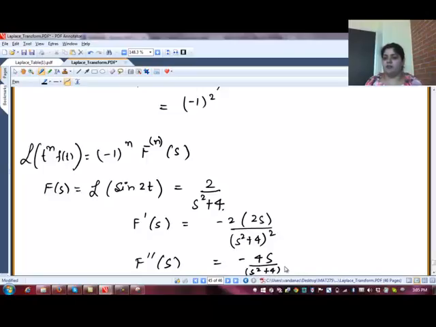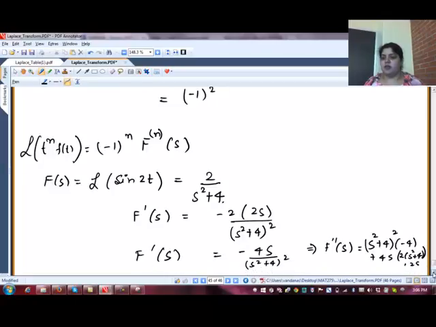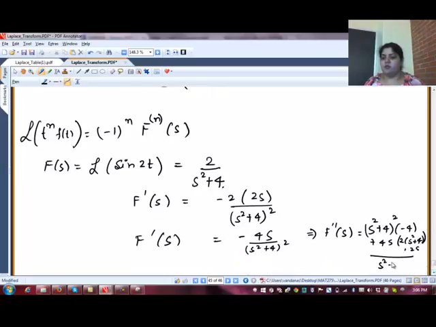So F double prime of s is, by the quotient rule, 2 times s square plus 4 times 2s, and whole this divided by the fourth power.